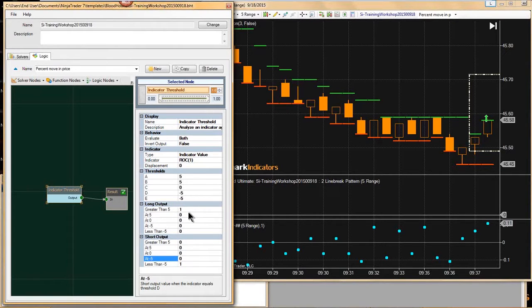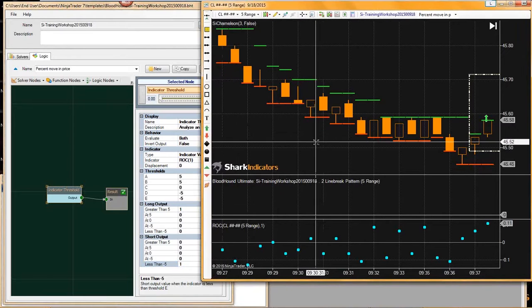If you're looking for a 5% change to the upside, then we want a long output when we get greater than 5, and opposite for the short output. So if this indicator returns a -5%, we want a short output when it returns -5 or less.